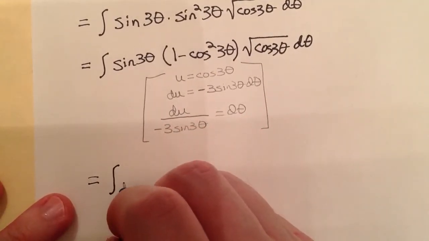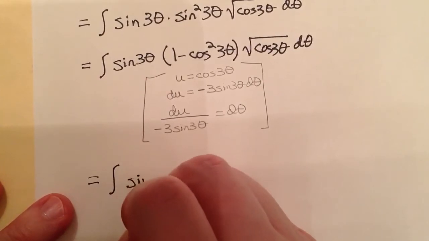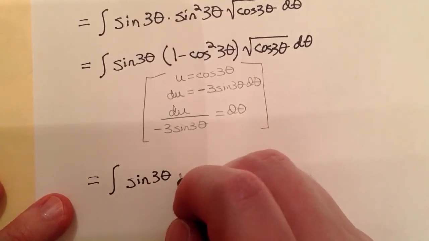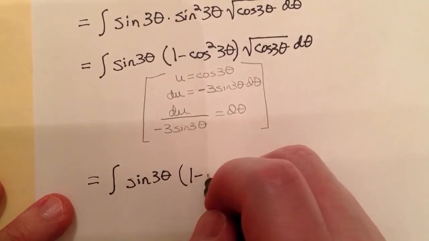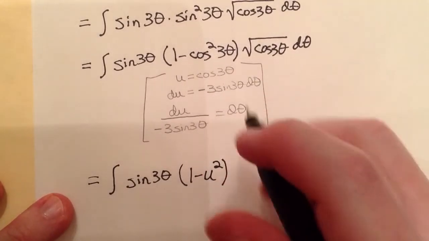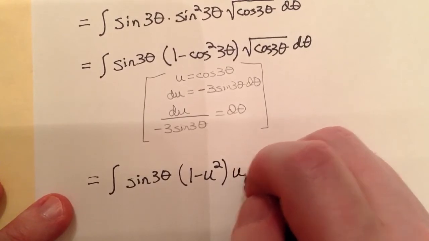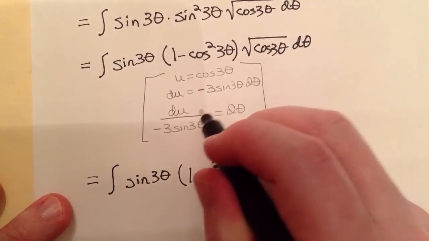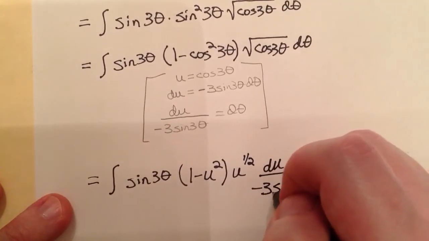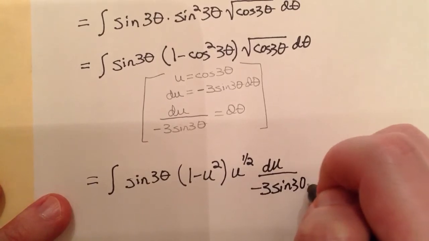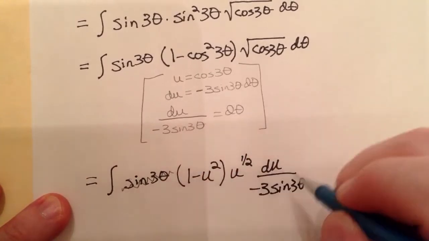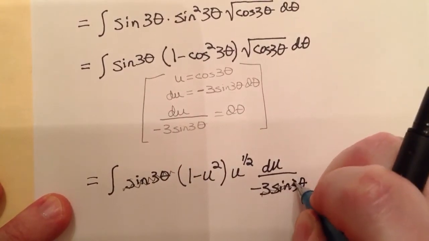we have the integral of the sine of 3 theta times 1 minus u to the second, and for the square root of the cosine of 3 theta we can just render this to u to the 1/2, and as for d theta we can write this as du over negative 3 times the sine of 3 theta, so we can get the sine of 3 theta to go out.